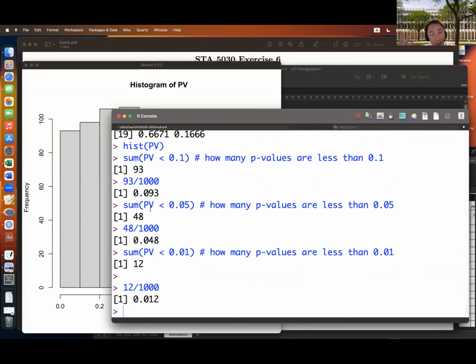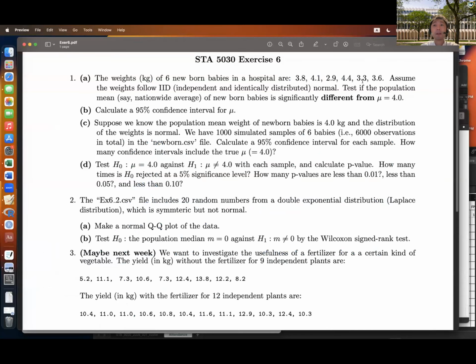So if we use 0.05 as the threshold, then we only make a 5% error to reject H0. Even if H0 is true, we have a 5% risk to reject the null hypothesis. So this is D.